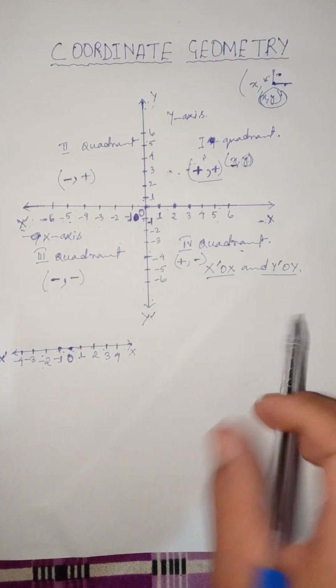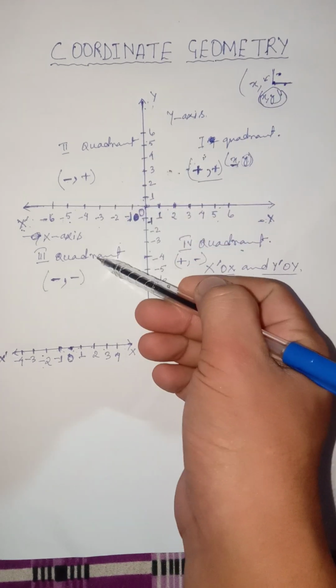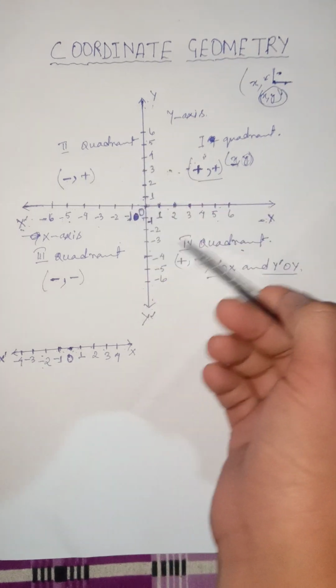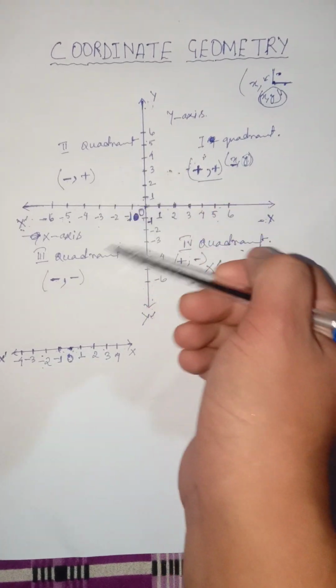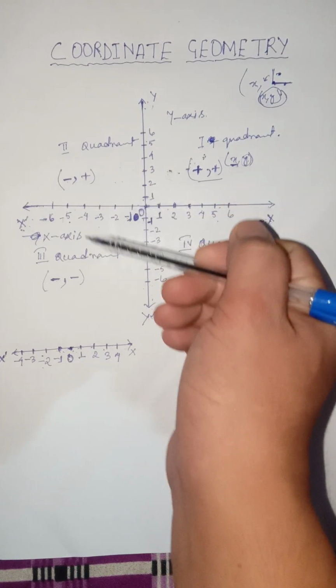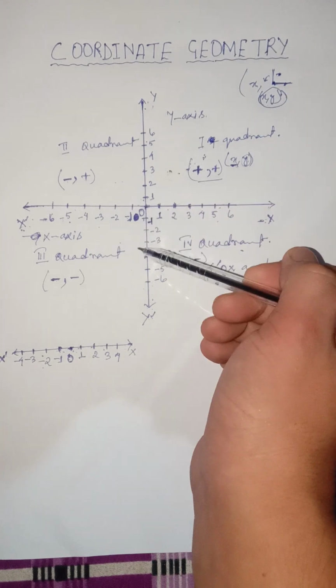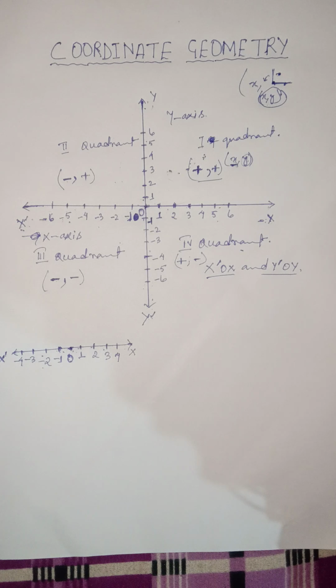That means the plane comprising the first, second, third and fourth quadrants.